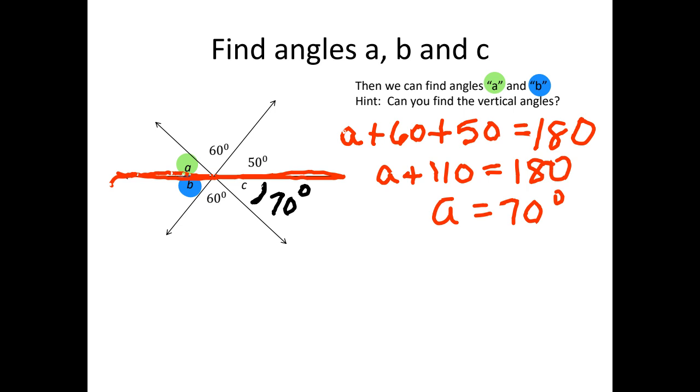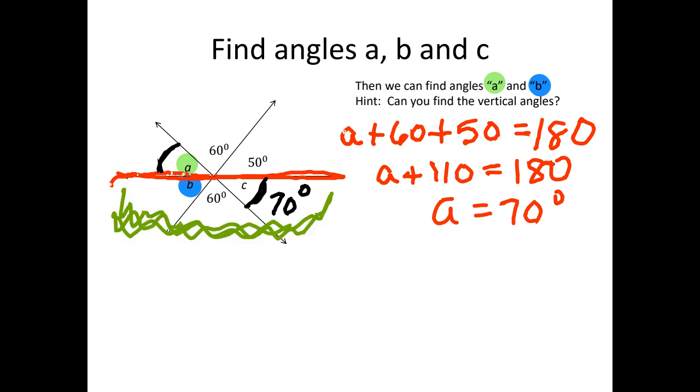Now, I don't know if you realize it, but we have A and C are equal. They're known as vertical angles, but that's not what they're wanting us to do. They're wanting us to use supplementary. And then, how do we find B? Well, B is all of this stuff below.